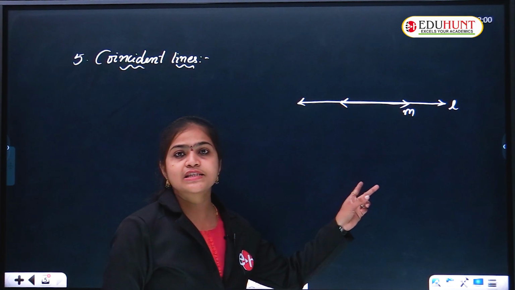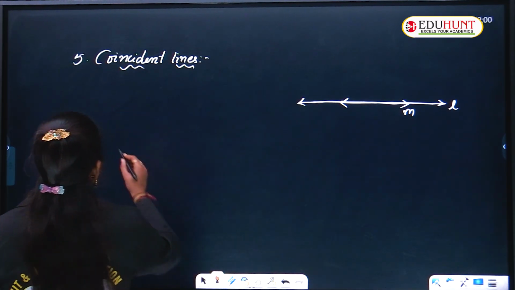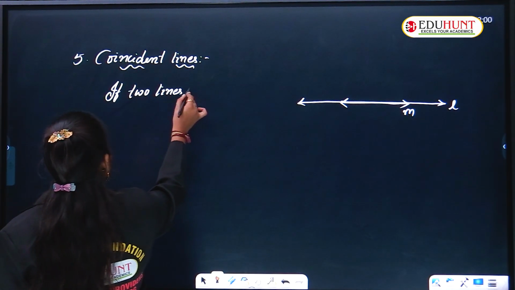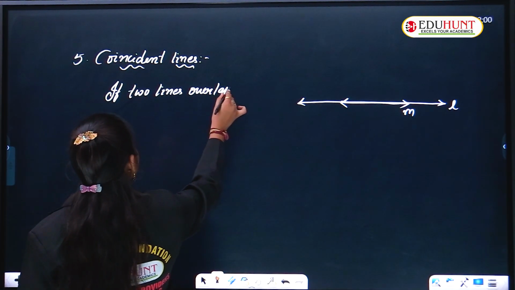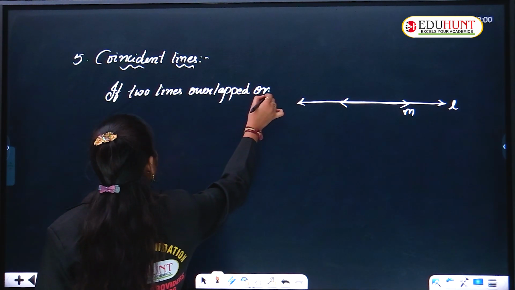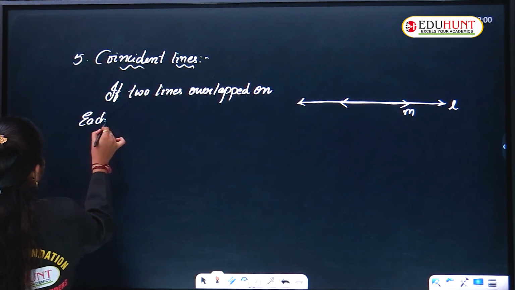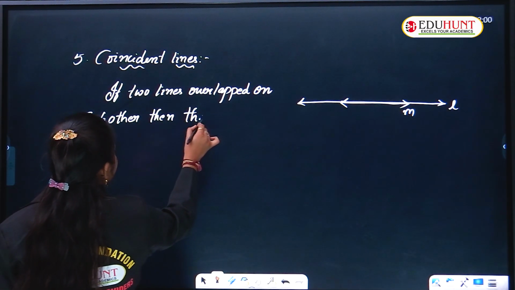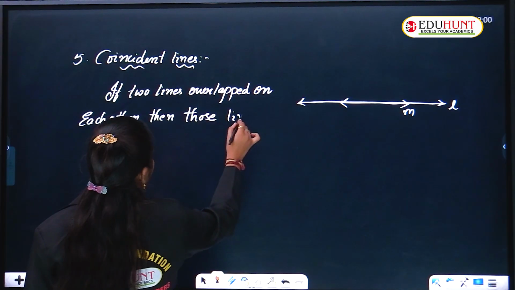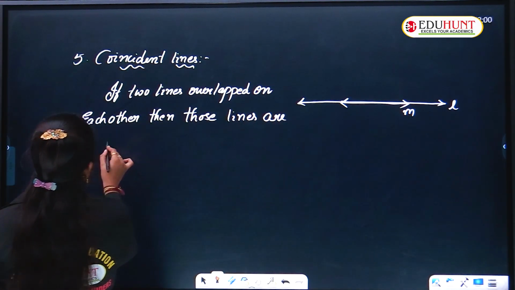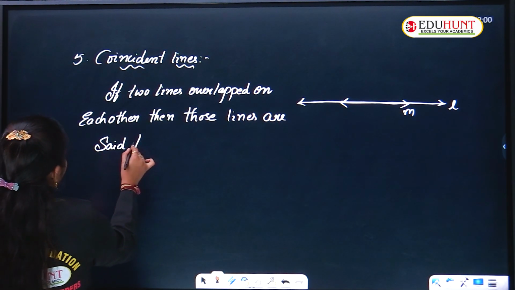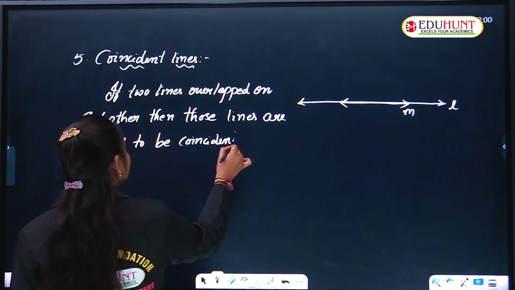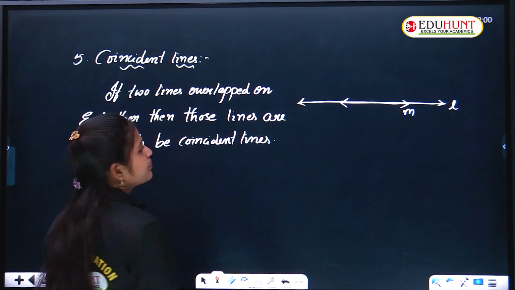If two lines overlap on each other, then those lines are said to be coincident lines. Understood?